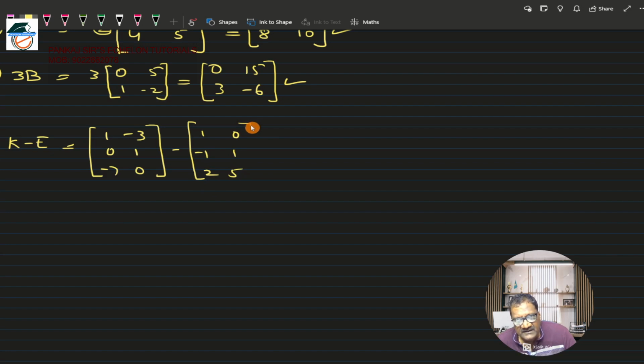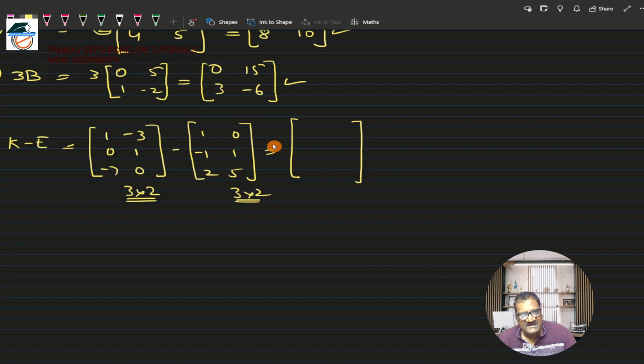Now this is subtraction of two matrices. For subtraction you will have to first check whether it is compatible or not. Now this is a 3 by 2 matrix, 3 rows and 2 columns. This is also a 3 by 2 matrix, 3 rows and 2 columns. So the order of both the matrices is the same, and because the order is the same, the subtraction is possible. And what will be the answer?